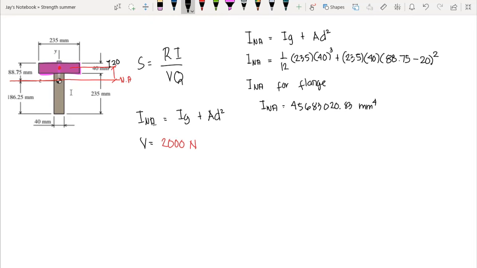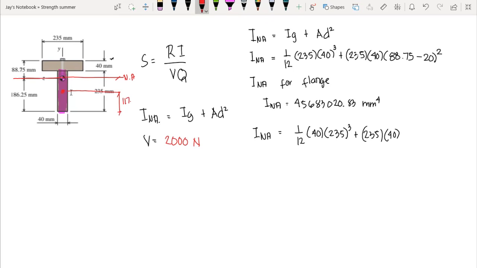Now let's compute for the transfer moment of inertia for our web. Our web here is this one. So we have the neutral axis moment of inertia equal to I_G, that is 1/12 b h cubed, 1/12 times 40 times 235 raised to the 3, plus the area 235 times 40 times the distance from the centroid to the neutral axis. Now we know that the centroid of the web from the bottom surface is 235 divided by 2, 117.5.